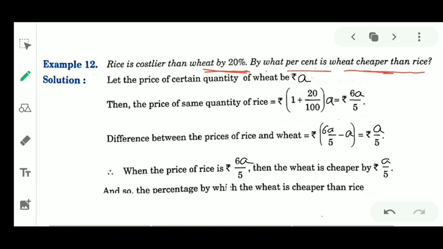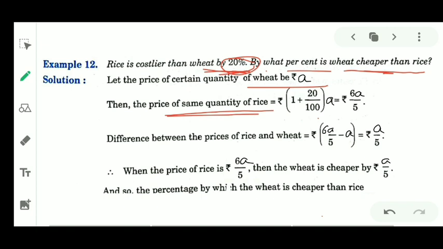Okay, so let the price of a certain quantity of wheat be A, then the price of the same quantity of rice equals 1 plus 20 by 100, because rice is costlier than wheat by 20%. The formula is 1 plus x by 100.